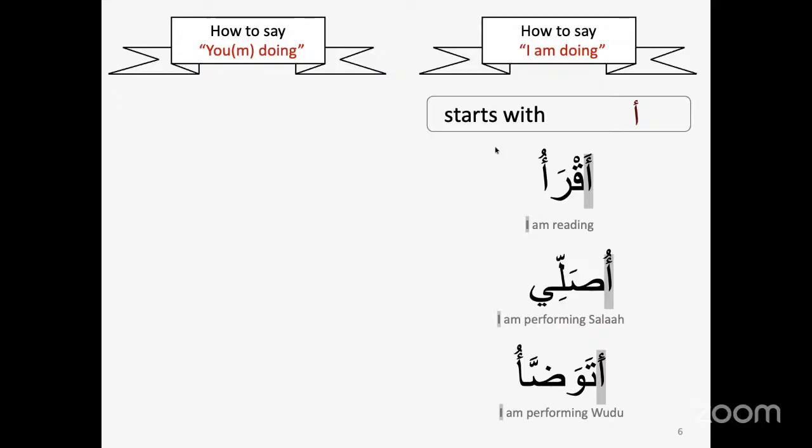If I want to ask Ahmed, where are you performing salah? Remember, usalli is I am performing salah. But if I want to ask Ahmed, where are you performing salah? Where do you perform salah, Ahmed?